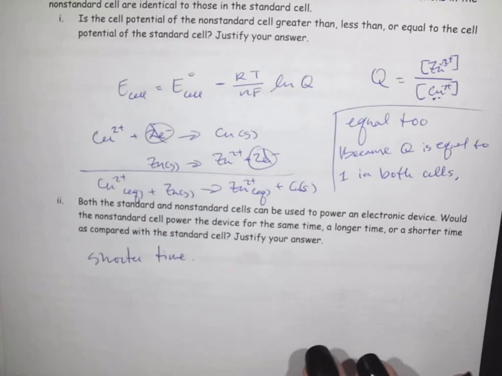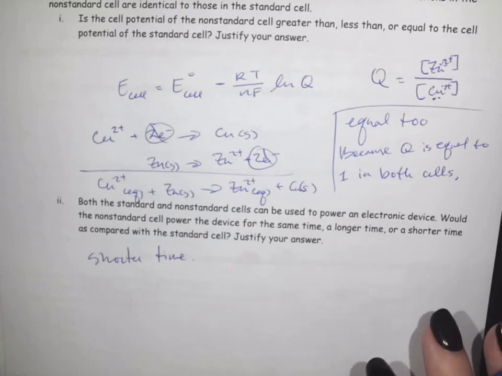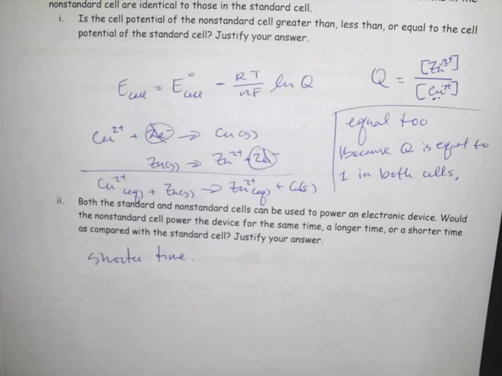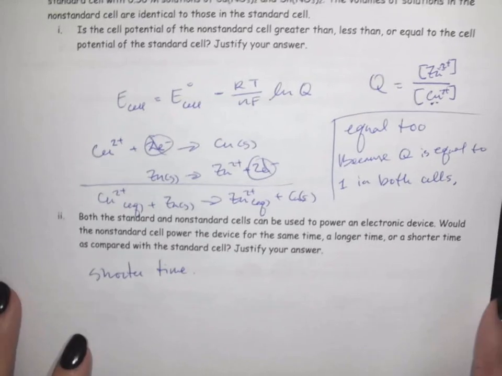I would explain that when the concentrations of the ions go down, the reaction ends more quickly because the ions are consumed in that reaction.